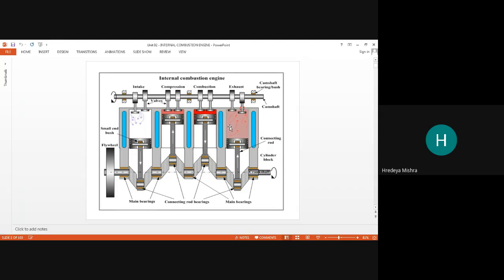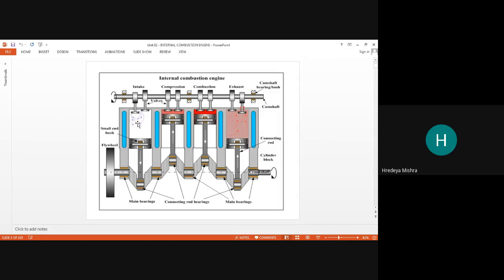So the first stroke is intake. We call it suction, suction of the air fuel mixture.